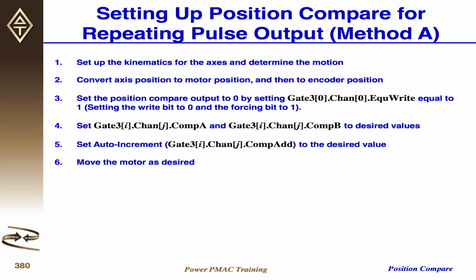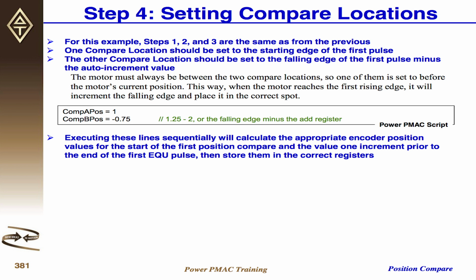We set up our Comp A and Comp B for the first pulse, and that will change a tiny bit from the last example. We actually set our Comp add to a value now because we're going to be using it, and then we just move the motor along. So because those first 3 steps are the exact same, I'm going to jump straight into step 4.